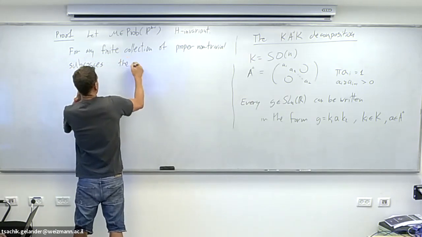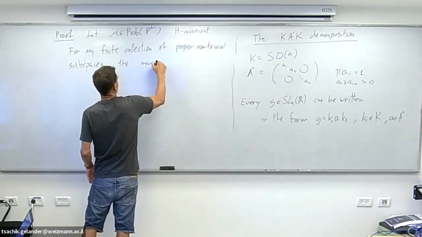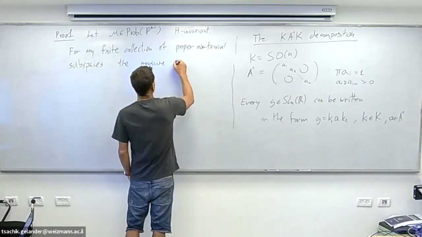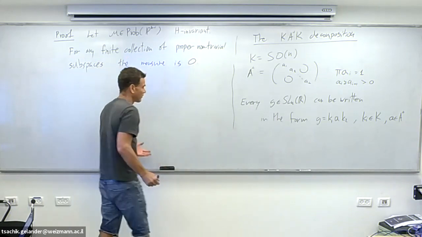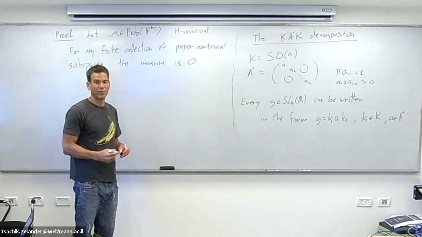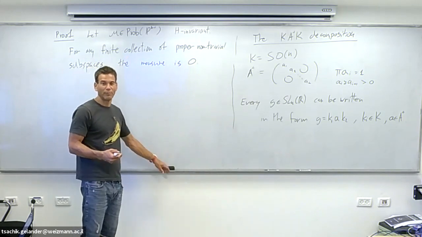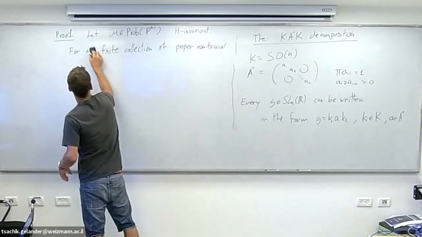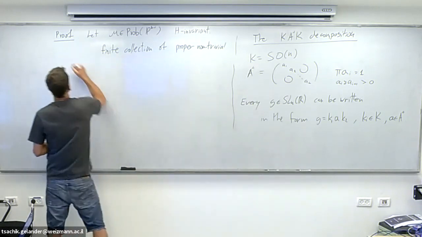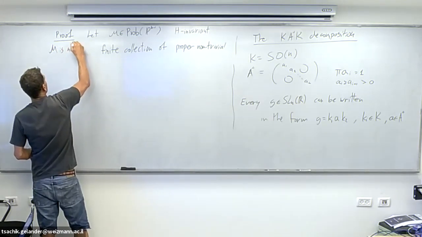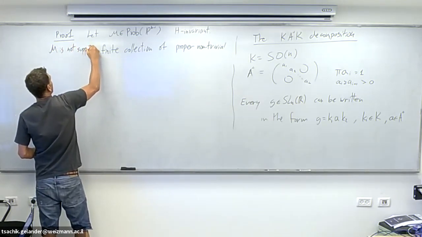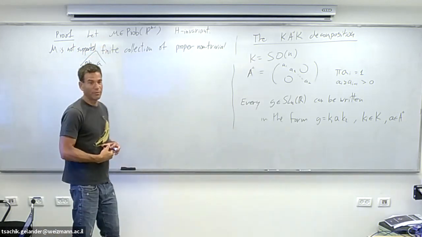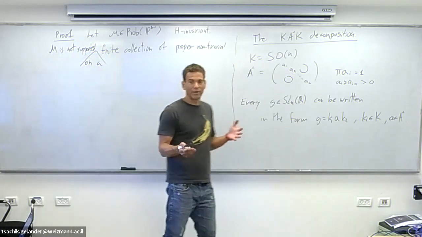the measure on the projective version of the subspaces is 0. If you have some positive measure, okay, the measure cannot be supported on a finite collection of proper non-trivial subspaces, because the support of mu is invariant.